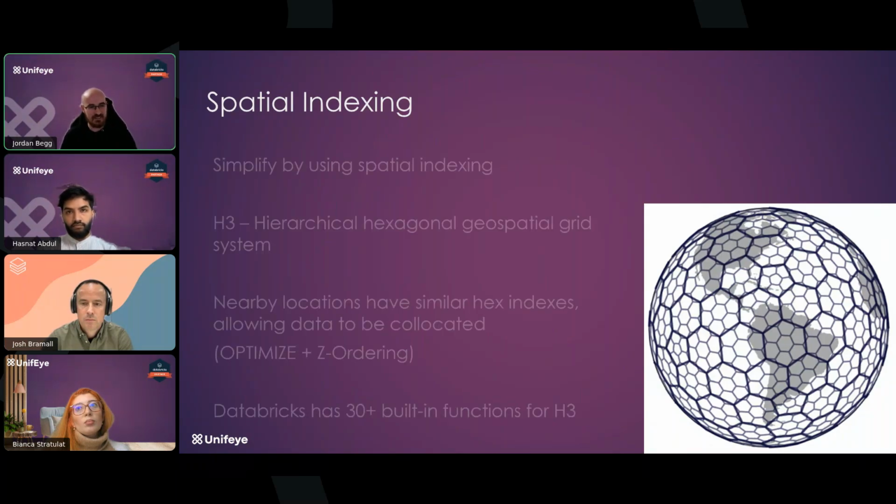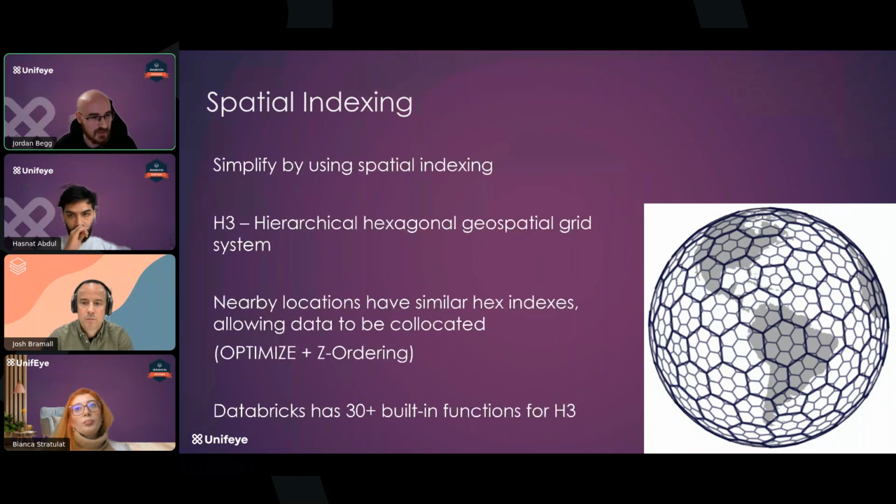So this is really about how we can simplify working with spatial data. Just like regular indexing on regular database tables, we want to be able to speed up how we read data. We don't have to read all the rows. There are several spatial indexing techniques out there, but the one that we're showing here is H3, which was developed by Uber.